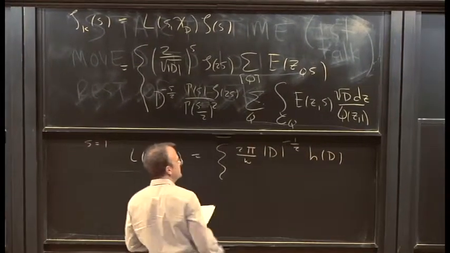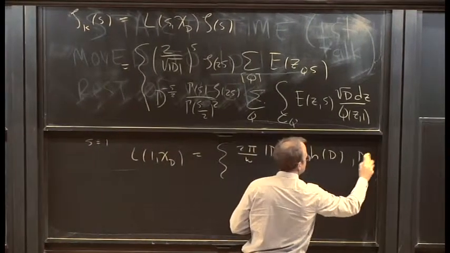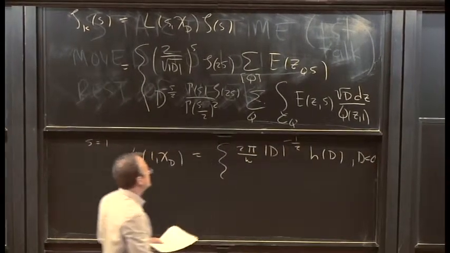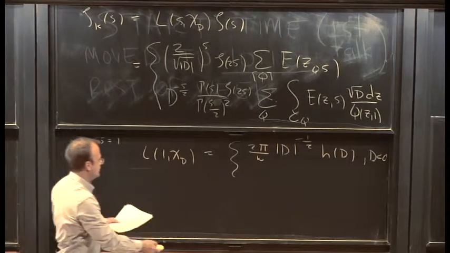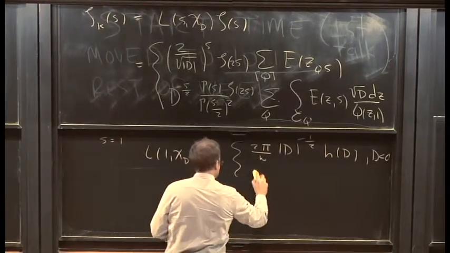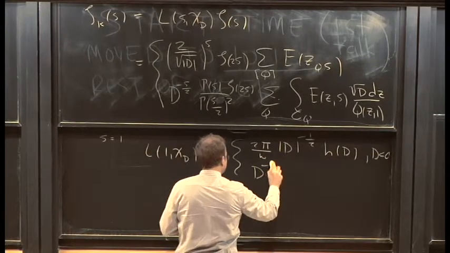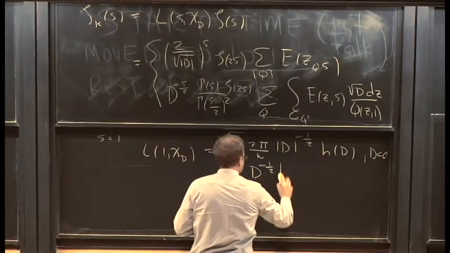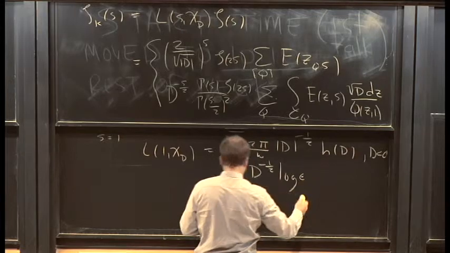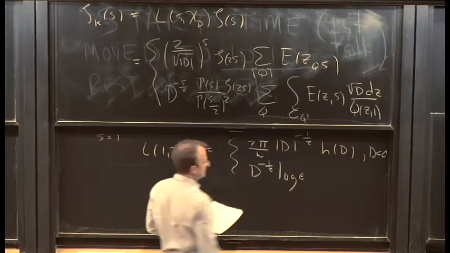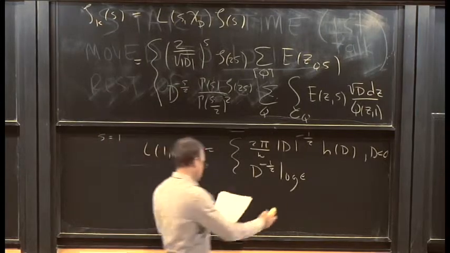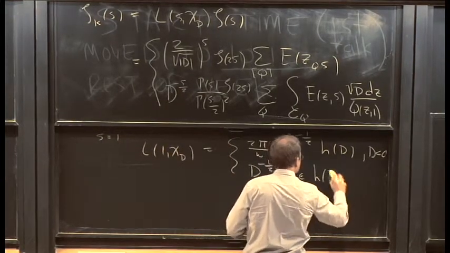When D is negative, you simply get a beautiful formula for the class number in terms of the L value. And you can express this in finite form, if you like. In the case when D is positive, you get this unfortunate looking, but actually extremely natural factor involving the log of this unit. And then this times the class number.